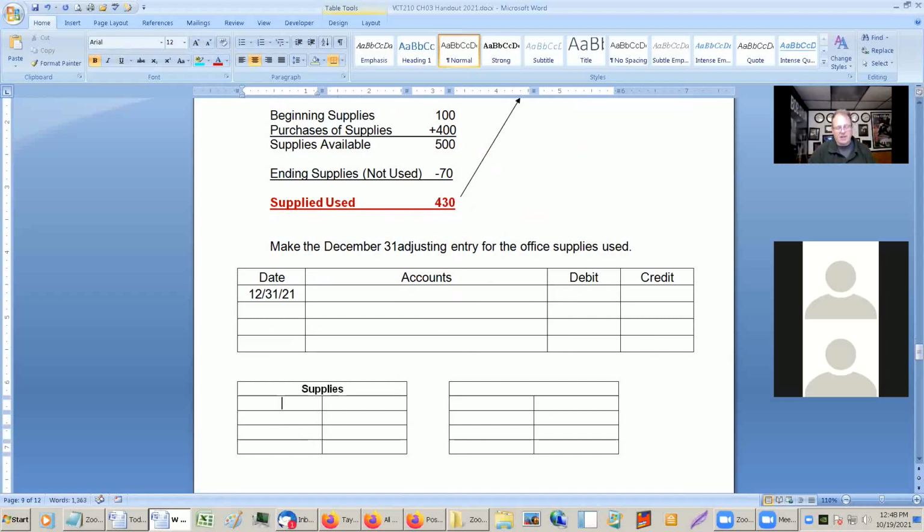So our supplies account has this sitting in it. They had 100. They added 400. So there's 500 sitting in that supplies account.